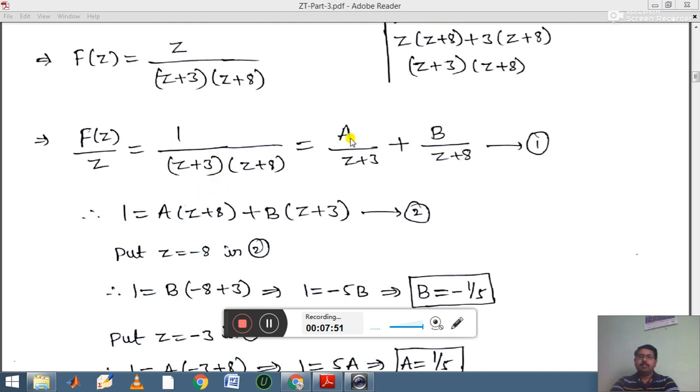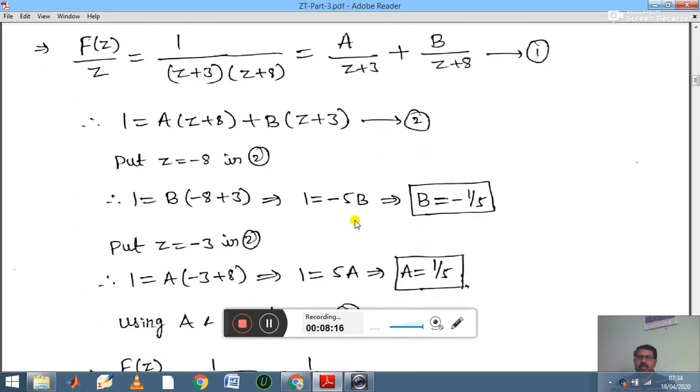It becomes a divided by z plus 3 plus b divided by z plus 8. You take it as equation 1. Then if you take the LCM, z plus 3 into z plus 8, you get 1 is equal to a into z plus 8 plus b into z plus 3. You take it as equation 2.